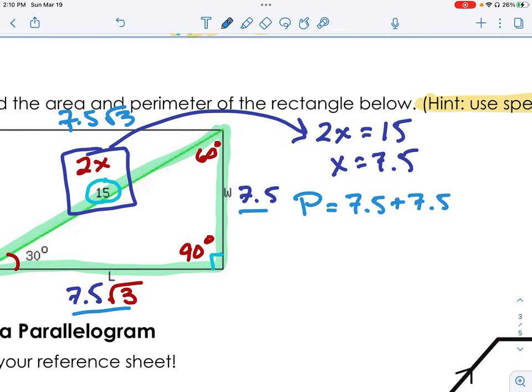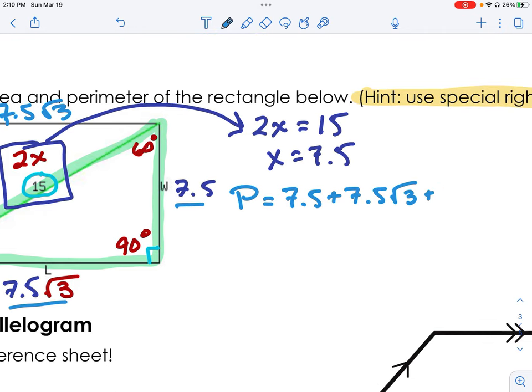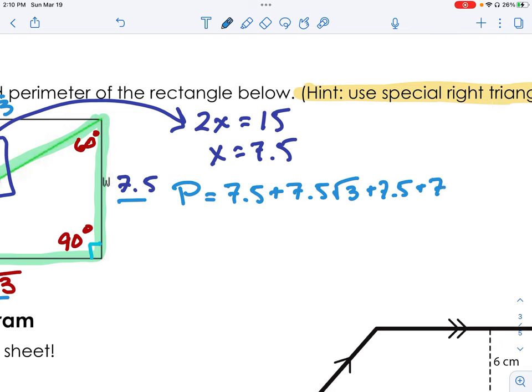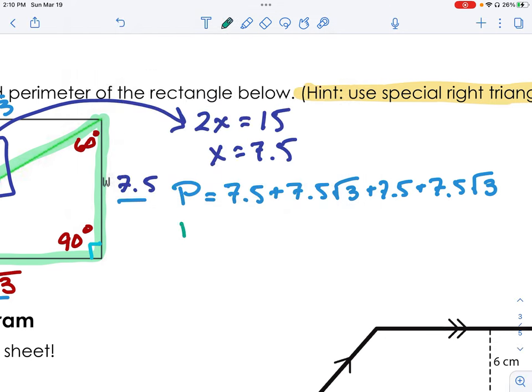So 7.5 plus 7.5 radical 3 plus another 7.5 plus another 7.5 radical 3. Friendly word of advice, put this into your calculator. It'll make your life a lot easier because with a couple pushes of a button, you will end up with your perimeter equal to 40.98.